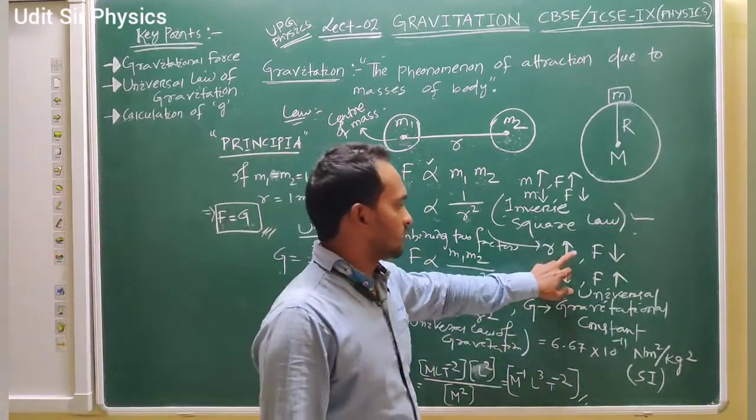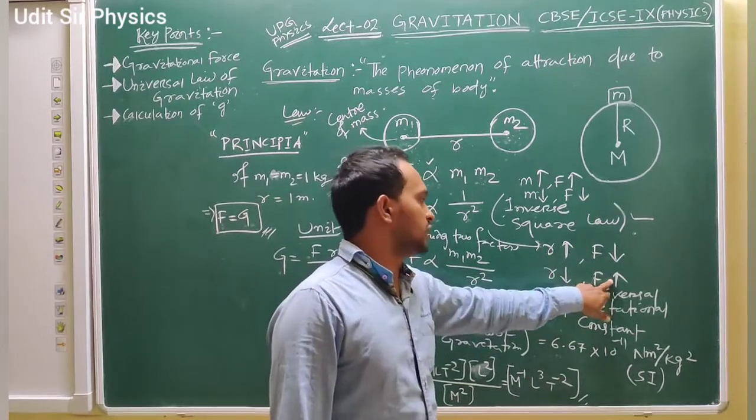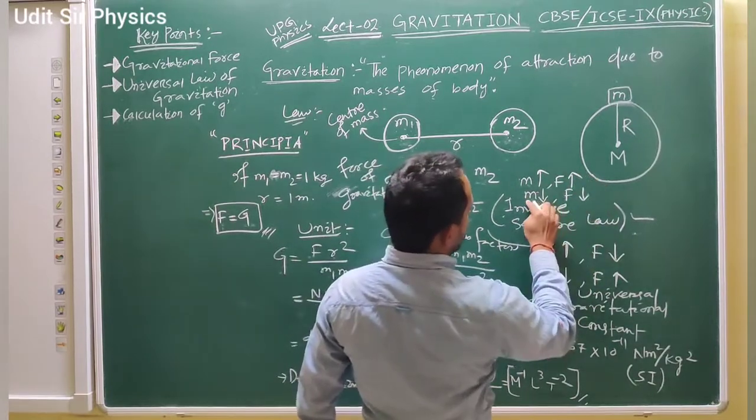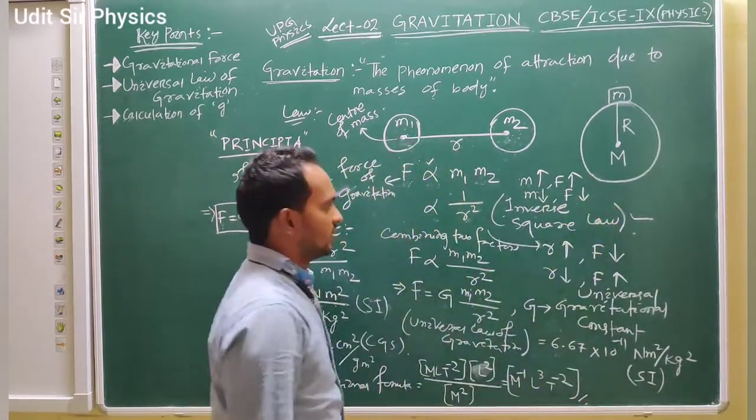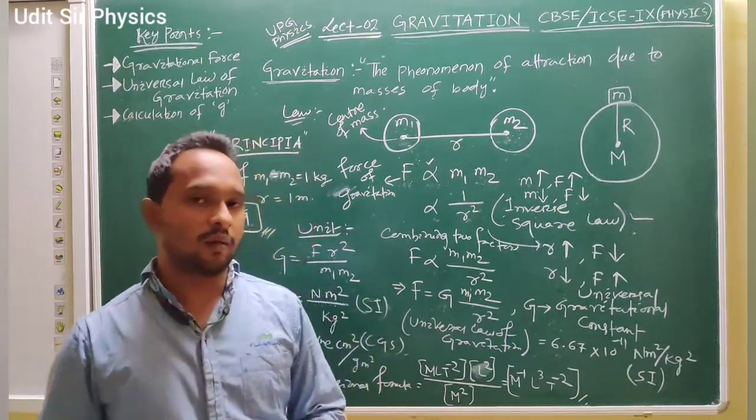So here the concept: r increases, force decreases. r decreases, force increases. That is the inverse square law. Mass increases, force increases. Mass decreases, force decreases. That is the basic concept. Usually that formula is also called the universal law of gravitation.